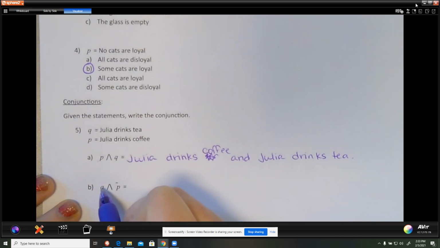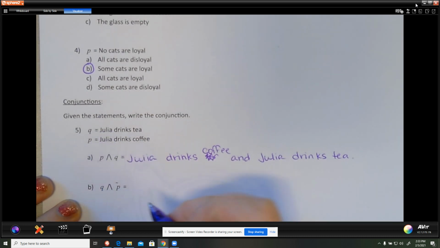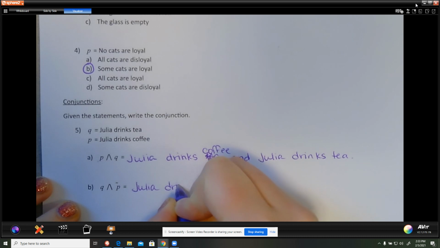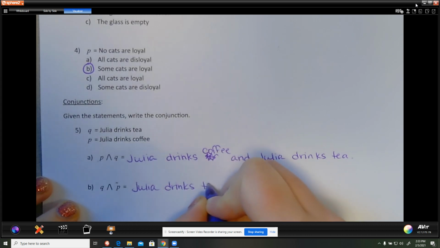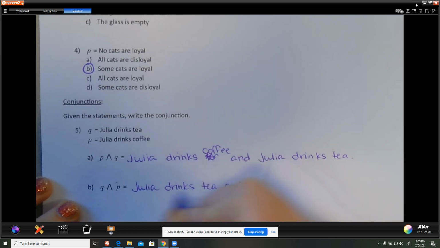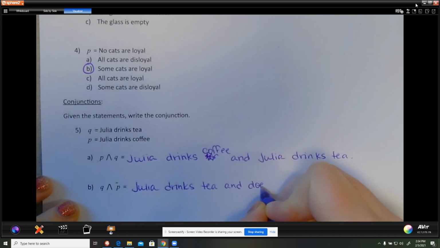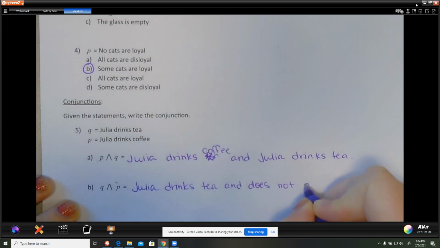All right, Q comes first on this one. So Julia drinks tea and the not P is there, and does not drink coffee.